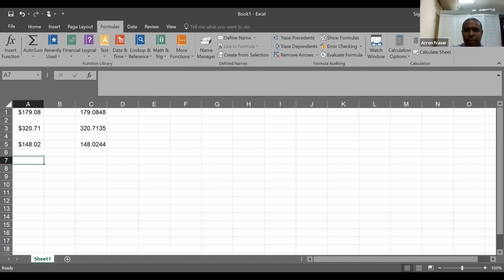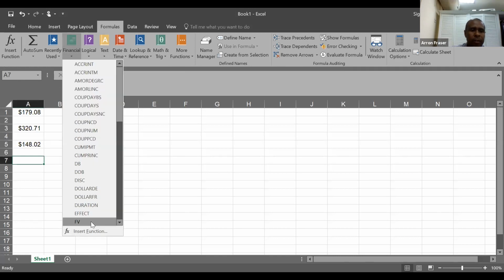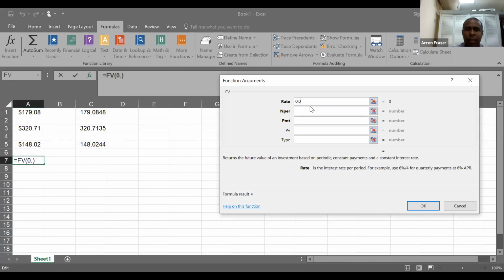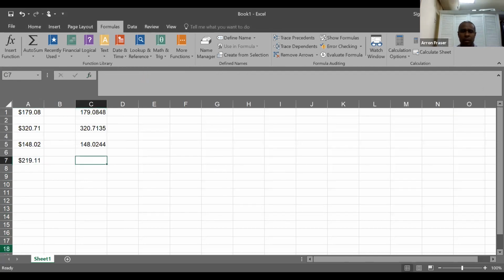The D part, I think it's 4% for 20 years. So your financial, future value, 4%, 20 years, and you invest 100. And that's what it will look like.